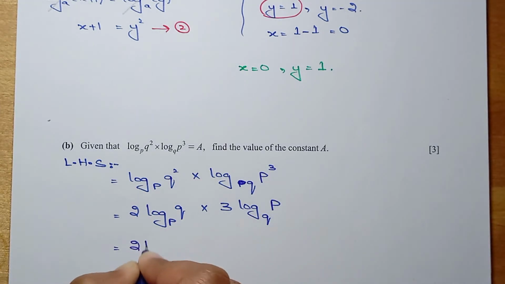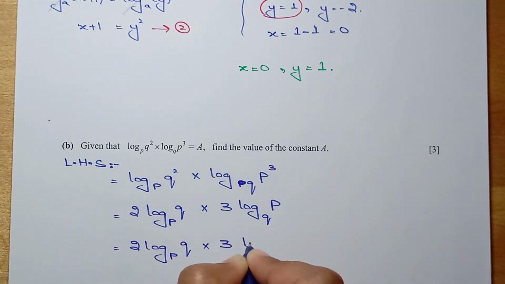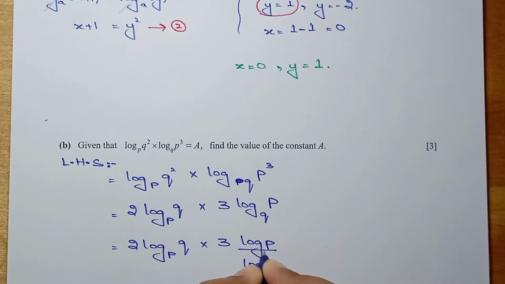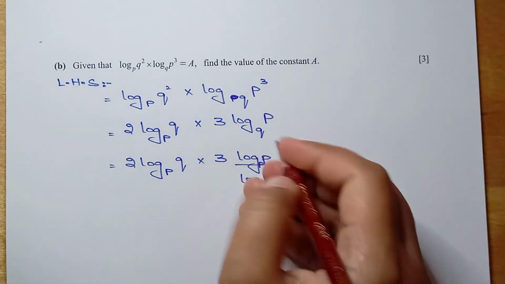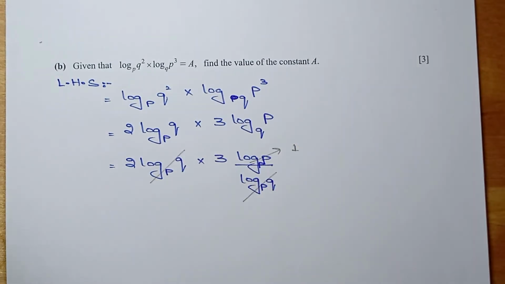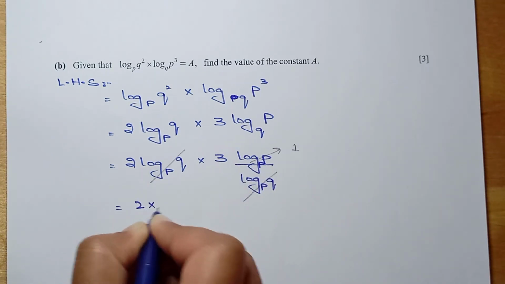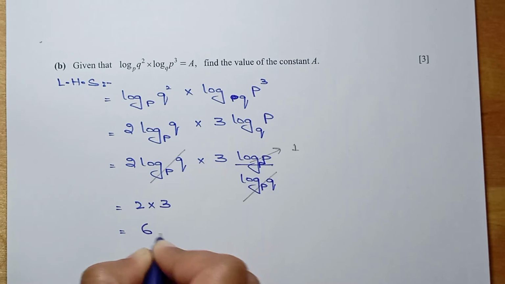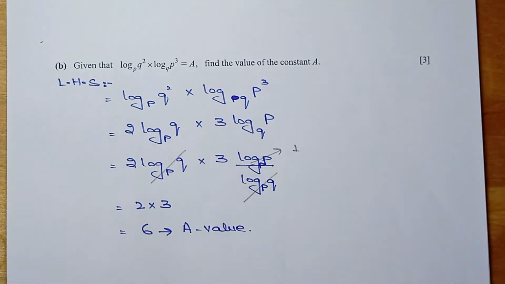So 2 log p q times 3 log p over log q, and the base is p, right? So log p is just 1. This log pq we can cancel, and we are just left with 2 times 3, that is 6, and this 6 is the a value, which is a constant, right?